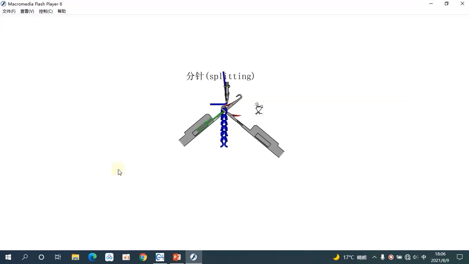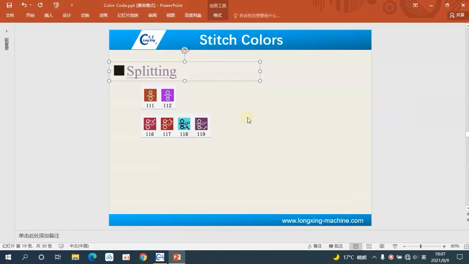Yarns are fed by the yarn guide. A new loop is formed. The original old loop is received by the needle of another bed. Splitting is generally used in transition from a one-side part to a double-side part, or used as needles to fill holes.